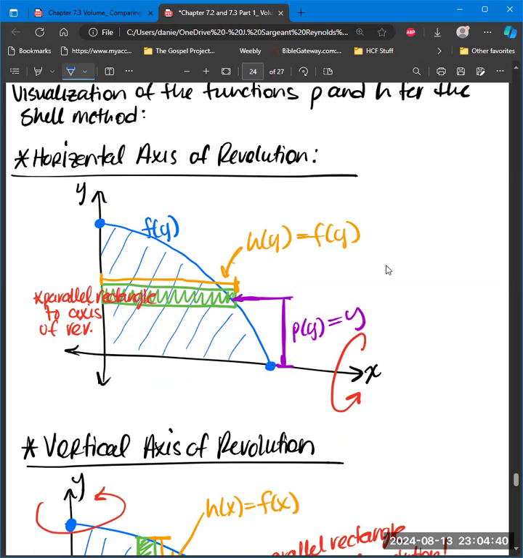If we draw a rectangle that's parallel to the axis of rotation, so that it touches the function over here on the right, then we have this distance from the center of our representative rectangle to our axis of rotation. That's going to be p, but this distance, the height of the rectangle right here, is our f of y, is our height.